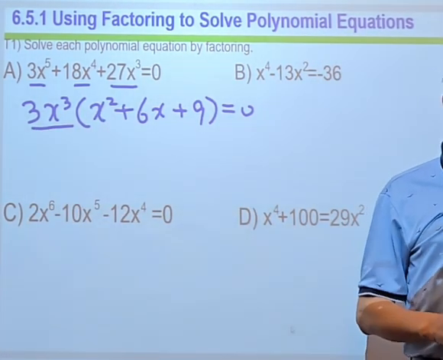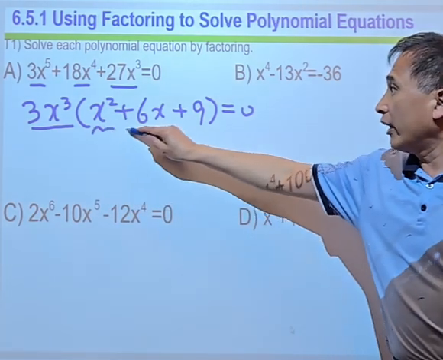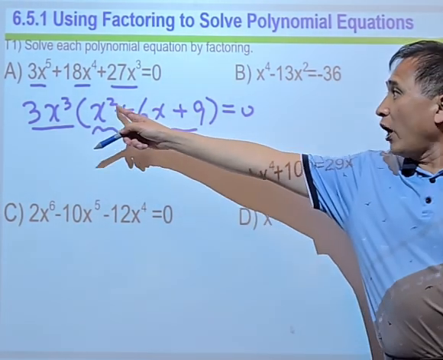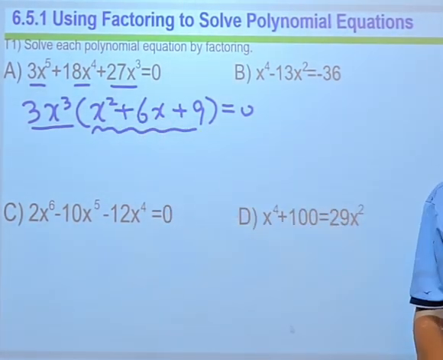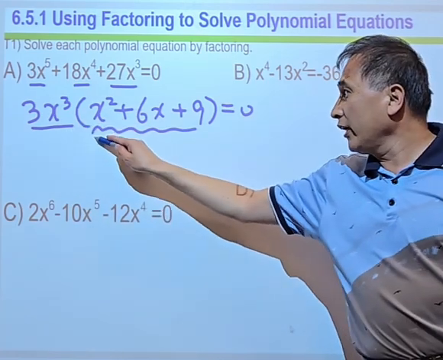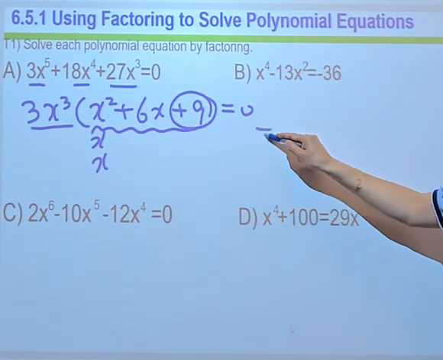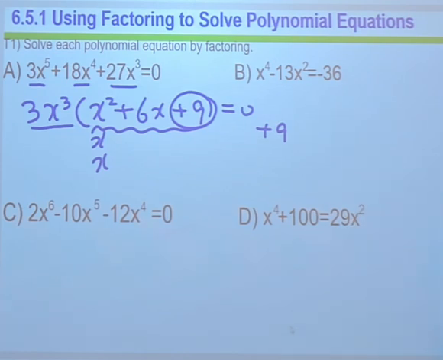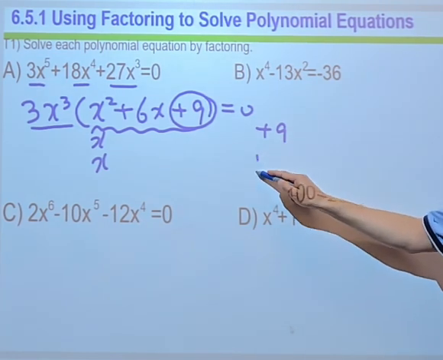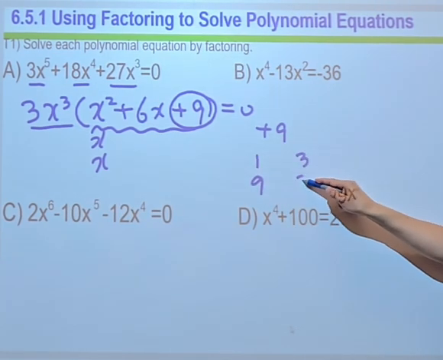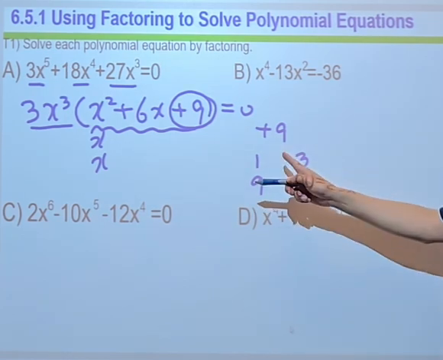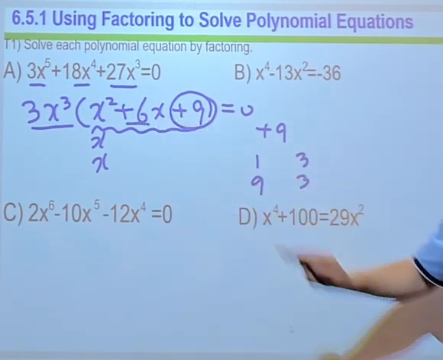But we can still go further, because this is a quadratic trinomial. Wow, we practice a lot. Especially this is 1, this is x, and the constant term is plus 9. Factors of 9: 1 and 9, or 3 and 3. When this is plus, the sum should be 6.